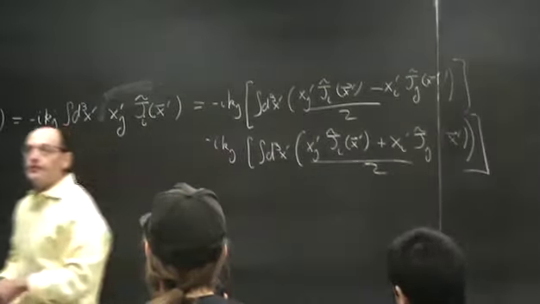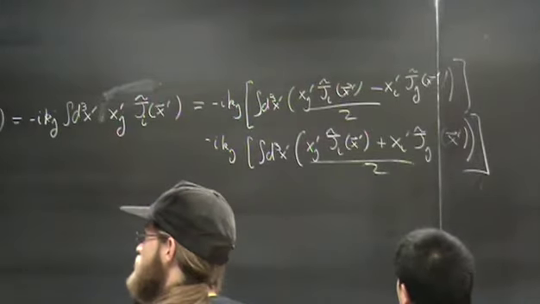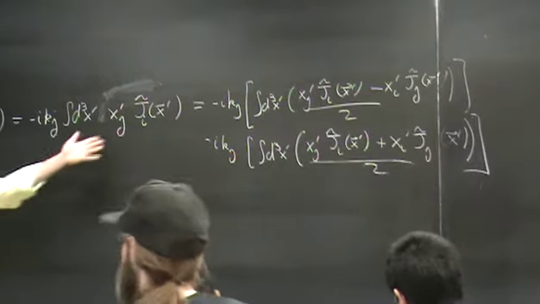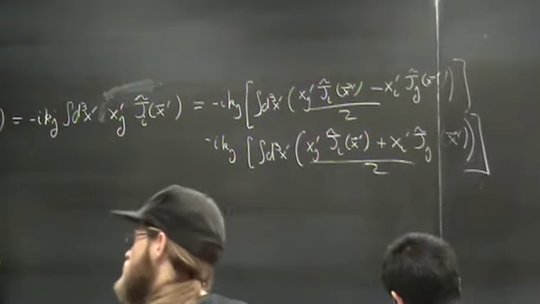Okay, so I've just broken up that tensor into symmetric and antisymmetric pieces. They add together to give this, obviously.